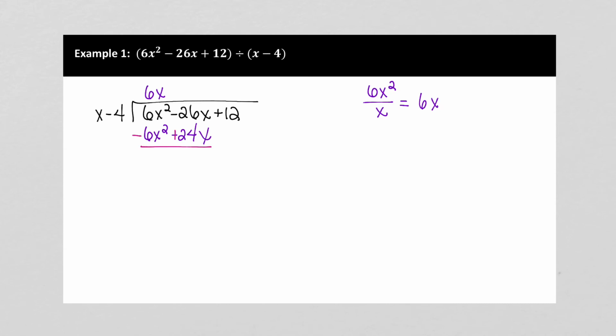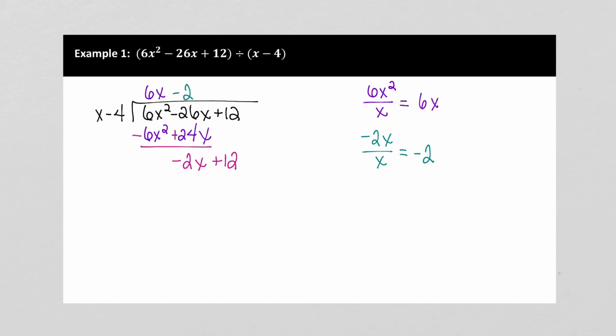So I'm going to change my signs here. We'll have negative 2x and bring down the plus 12. So now I go over to the side and say, well, negative 2x is divisible by x how many times? That would reduce to be negative 2.